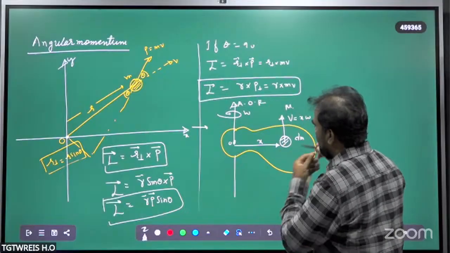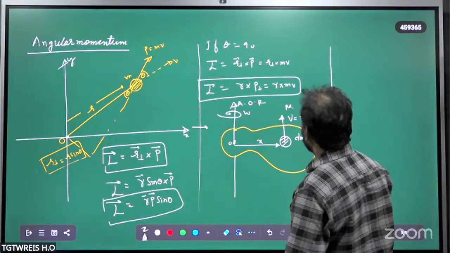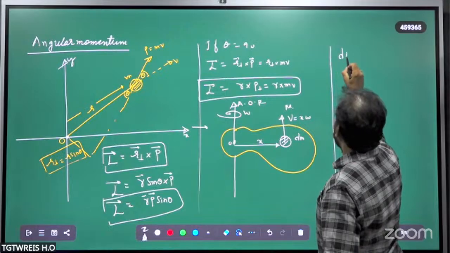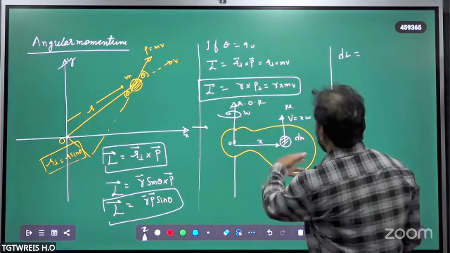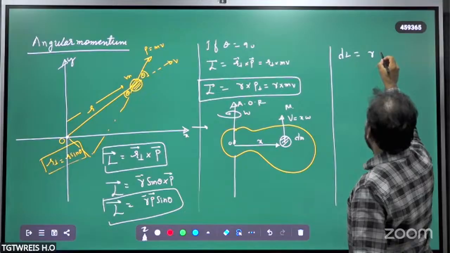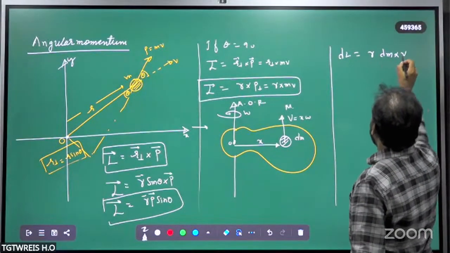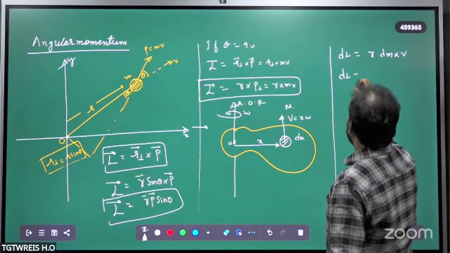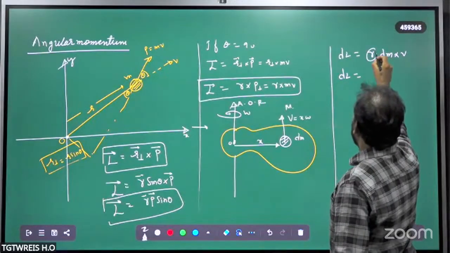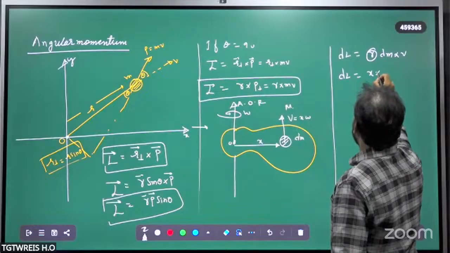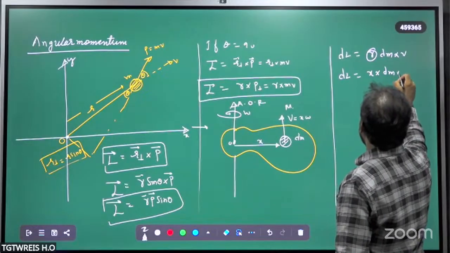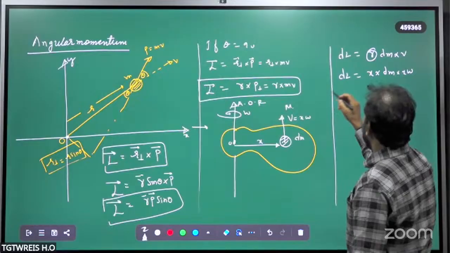What is dL? dL is equal to r cross p, that is dL is equal to r into dm into v. What is the value of r, beta? The r value is x, right? x into dm into v, where v is x omega.